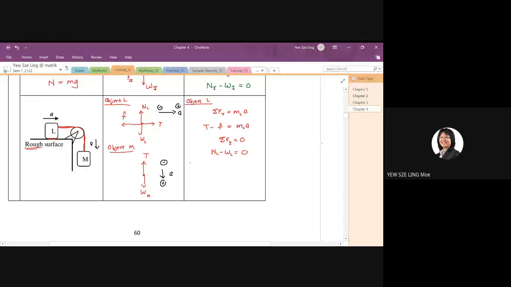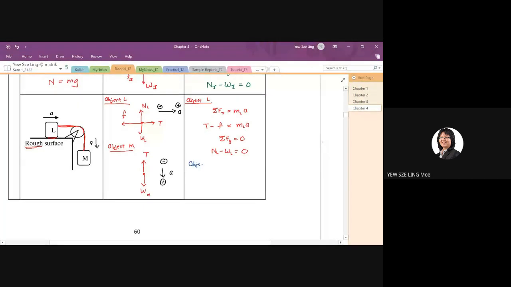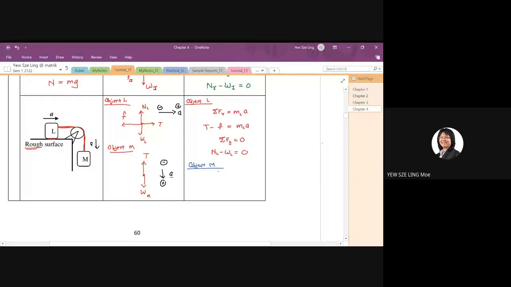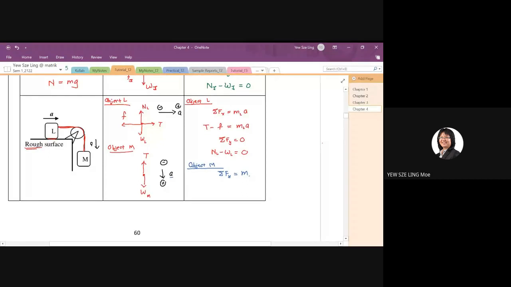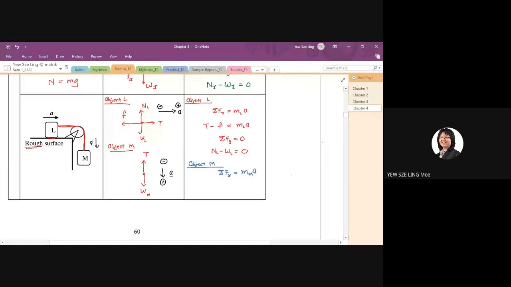Let's look at the equations for object M. Again, object M is moving with an acceleration, but now it is moving along the Y component. Therefore, summation Fy is now equal to M A. So for object M, the Y component is the one with acceleration, therefore we apply Newton's second law.